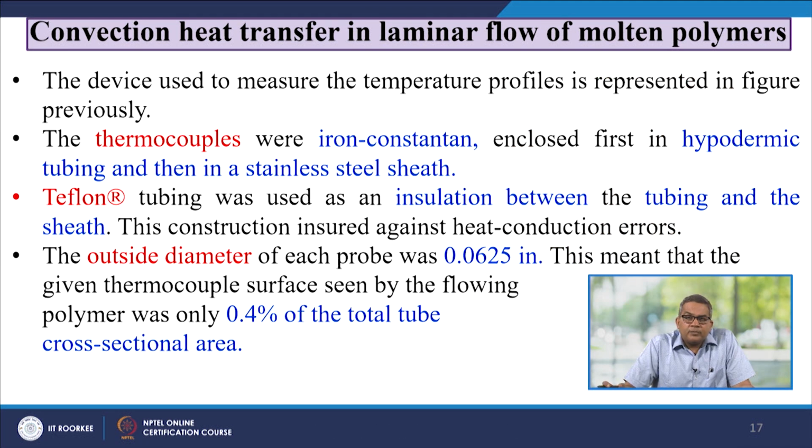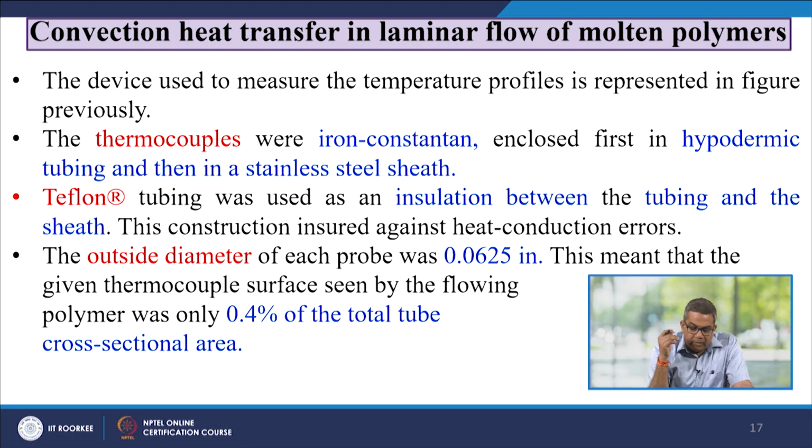The thermocouples are iron-constantan. They were enclosed first in hypodermic tubing and then in a stainless steel sheath. Teflon tubing was used as insulation between the tubing and the sheath. The construction ensured against heat conduction error.